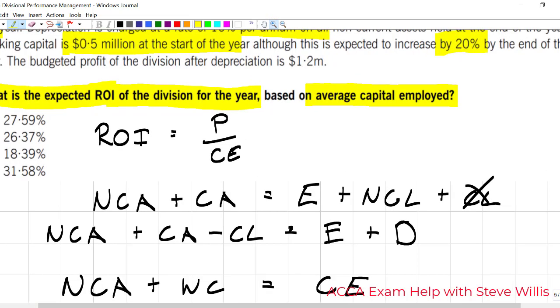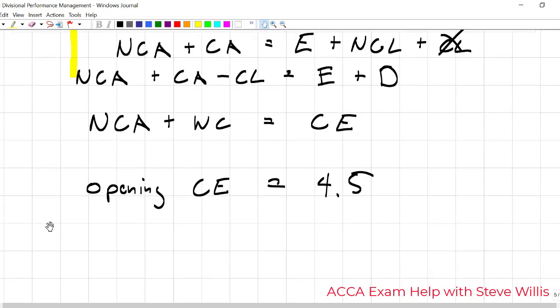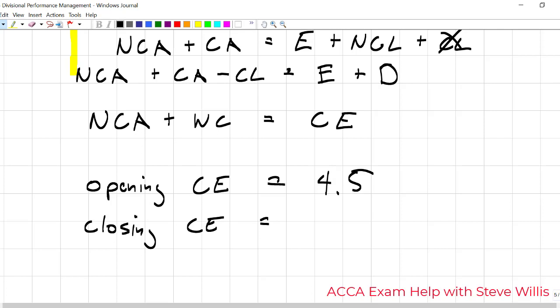So now the closing capital employed, that's going to be equal to what? They said the 4 is going to drop 10%, so that's going to be 3.6. The 0.5 is going to go up 20%, so that's going to turn into a 0.6. 3.6 plus 0.6 is 4.2.